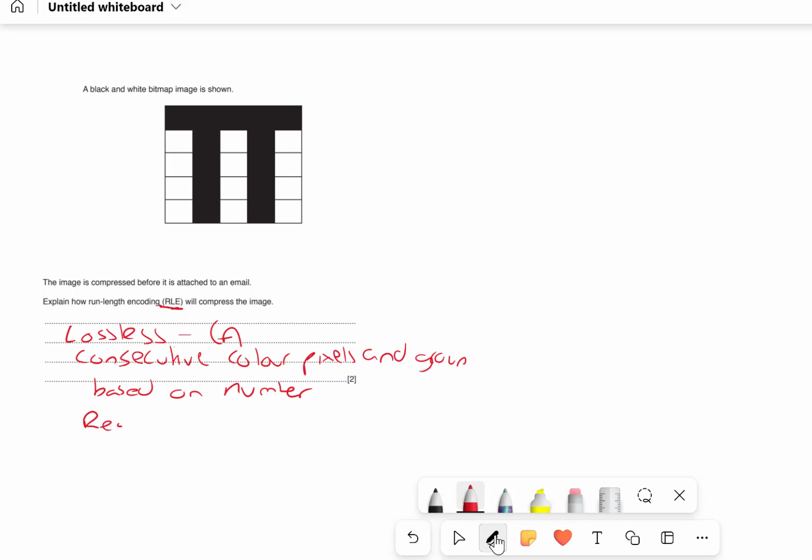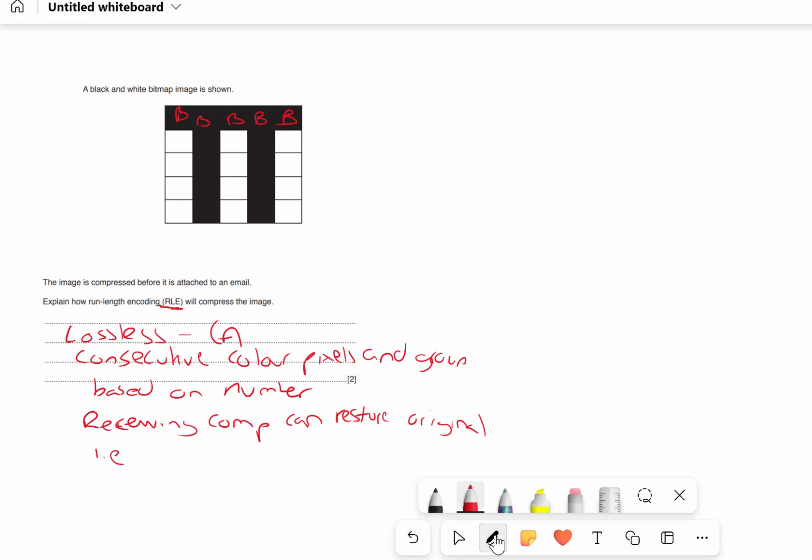Receiving computer can restore original, i.e. I'm going to do B for black. So we've got 1, 2, 3, 4, 5.